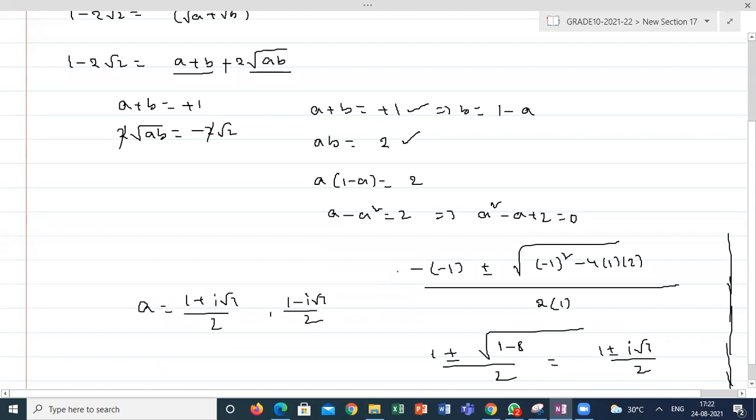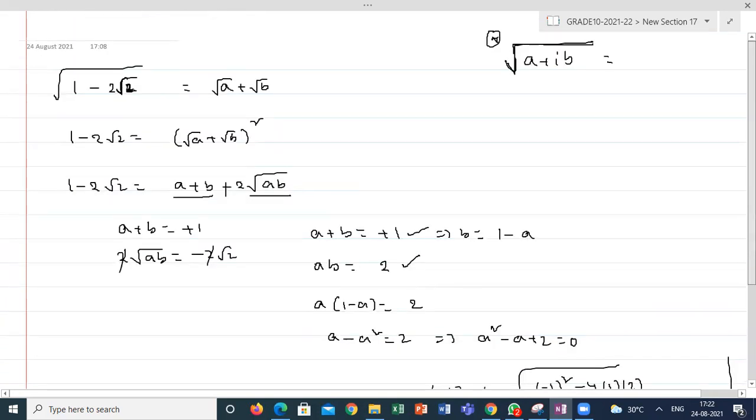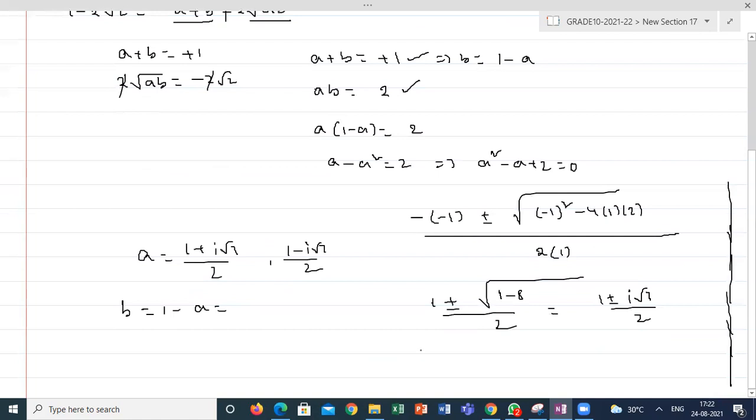So what about b value? B is nothing but 1 minus a only, no? B is nothing but 1 minus a. So 1 minus i root 7 by 2. This will be 2 minus 1 plus i root 7 by 2.